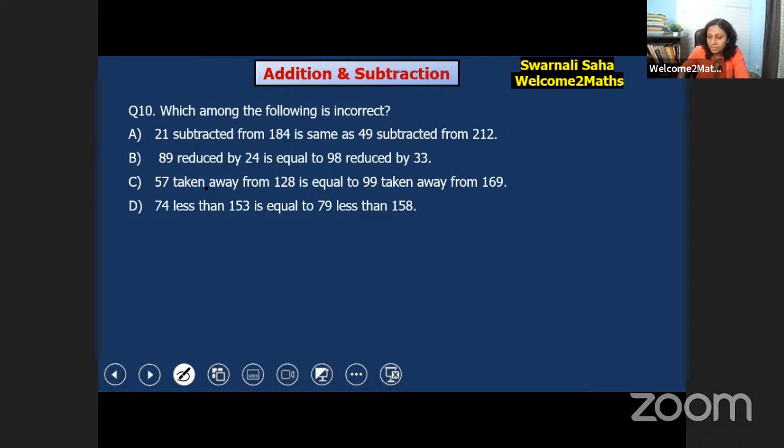Okay, then let's check it. So many answers. Let's see how many of you have given the answer. C is the answer. B, C. So let's see it. Which would be the answer? You see 184, 21 when you subtract it from 184.